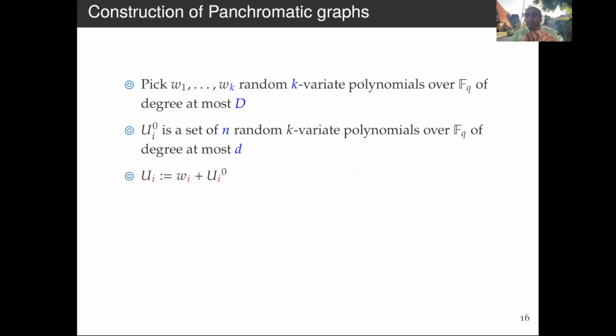So you're going to, in some sense, take n random polynomials and shift them uniquely by W_i for the ith collection of vertices.